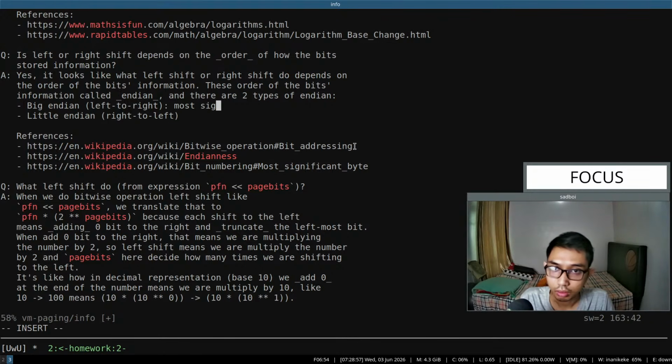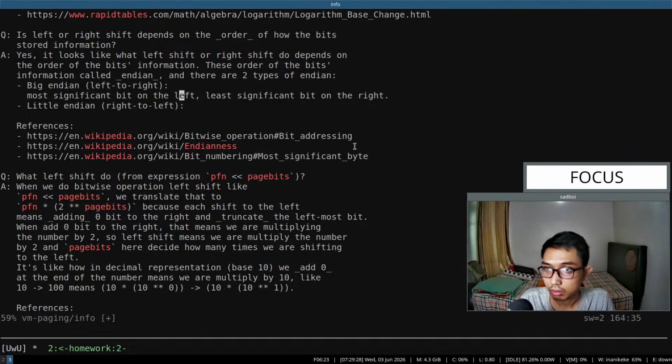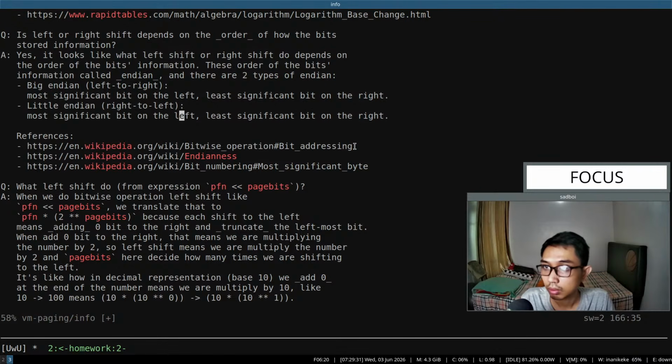Or more significant bit on the left. Least significant bit on the right. And this one is the opposite.